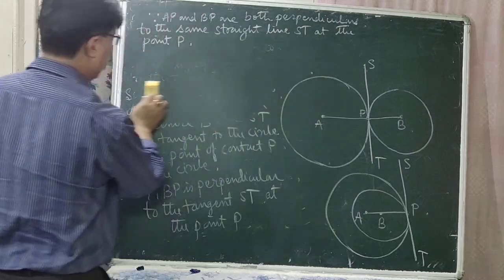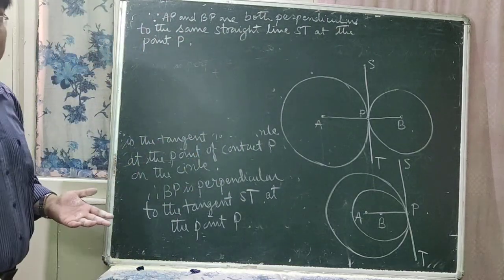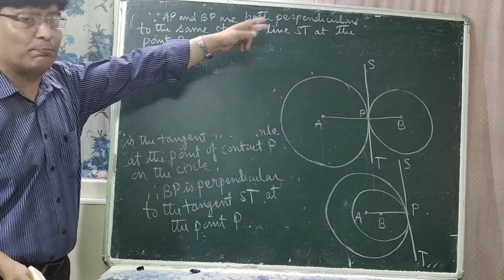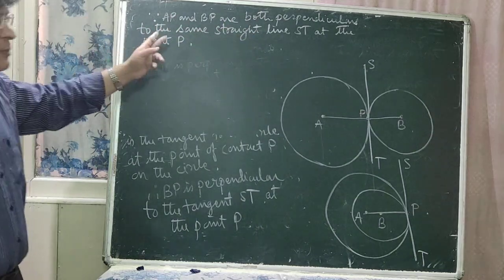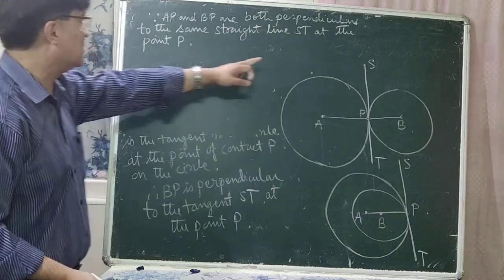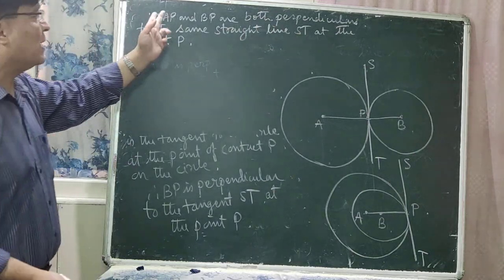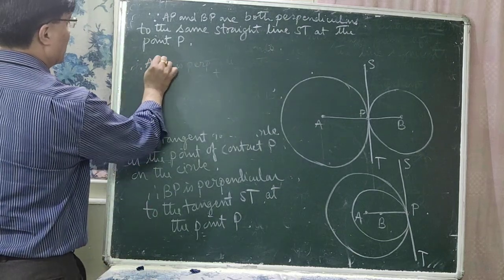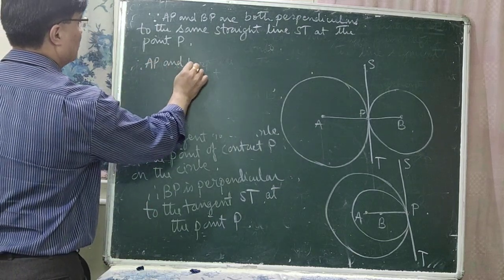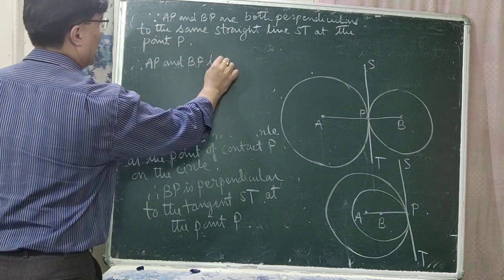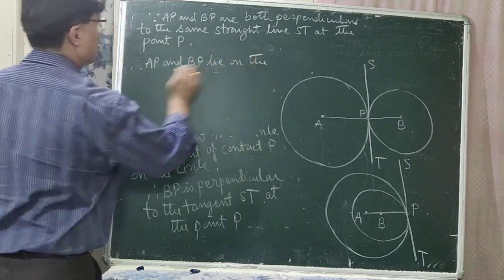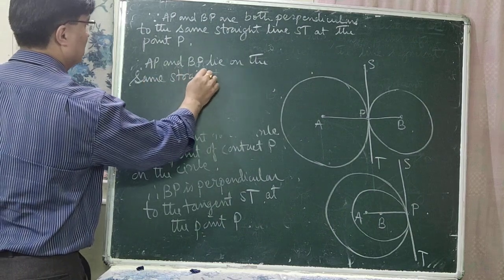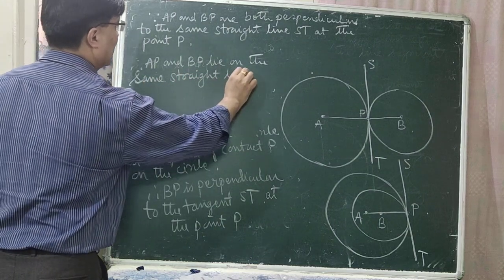AP and BP lie on the same straight line, isn't it? Both the straight lines AP and BP are perpendiculars to the same straight line ST at the point P. That means AP and BP lie on the same straight line.